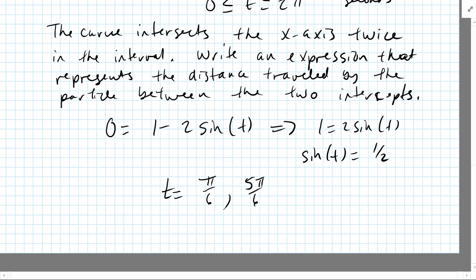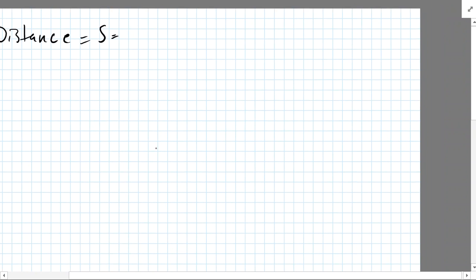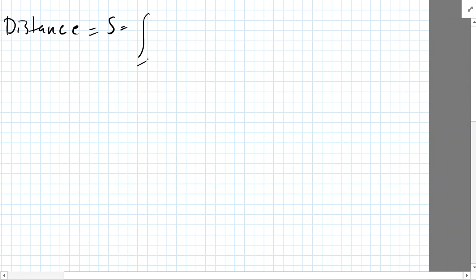Yes? Can I go to the next page? So, adding a page, our distance, and you can use that same symbol S if you want, is equal to, and what am I integrating from and to?